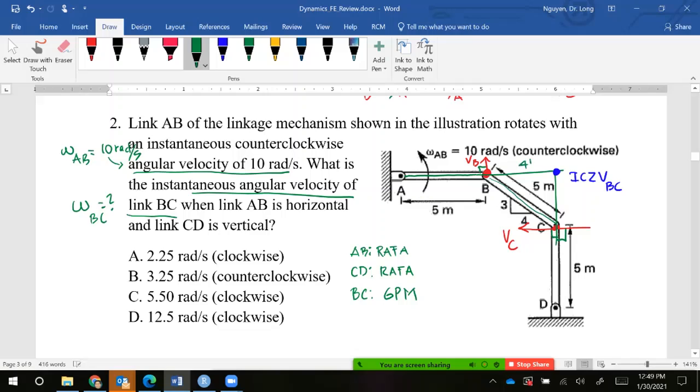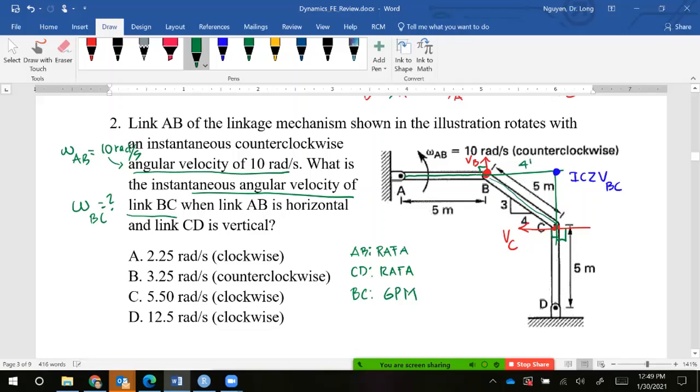So omega BC times the radius from the point we take velocity B relative to the ICZV, and that is 4 meters from B to that ICZV, as you can see. So from that, we already know VB, and we already know RB relative to ICZV is 4 meters. So we can find omega equal to 12.5 radians per second.